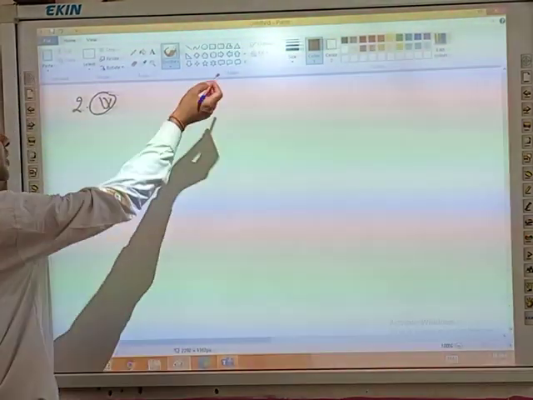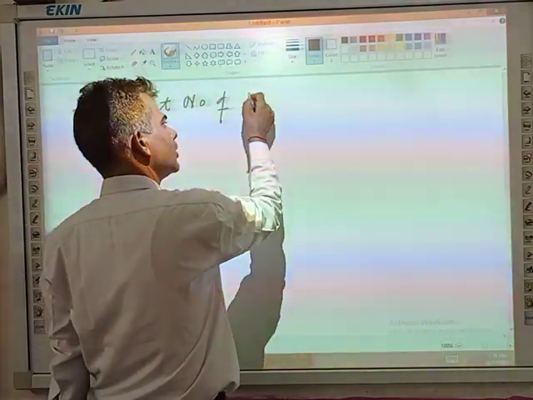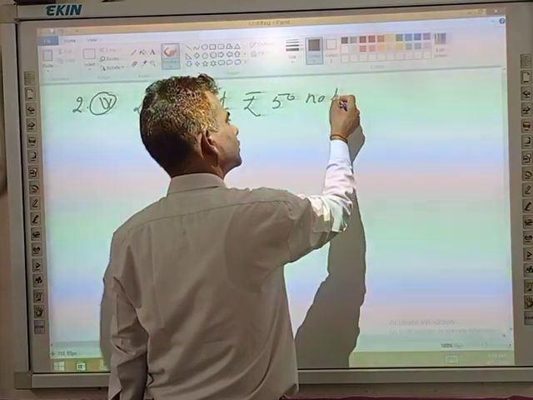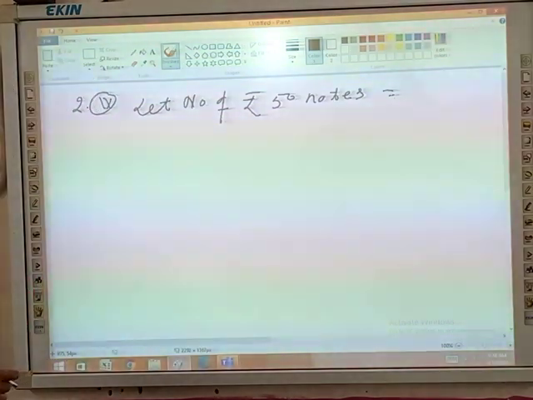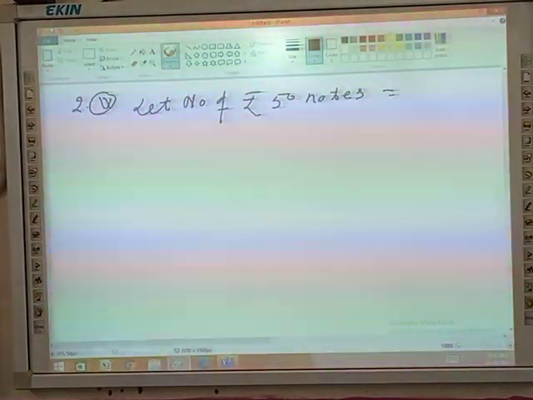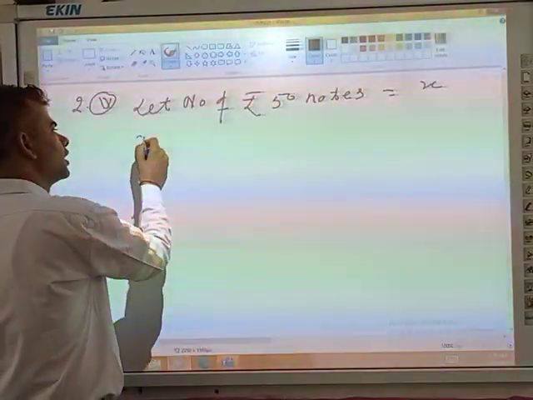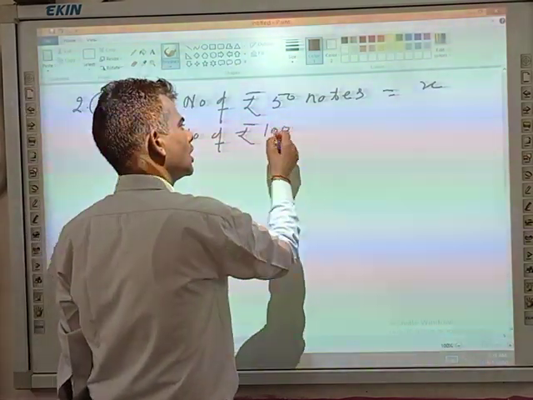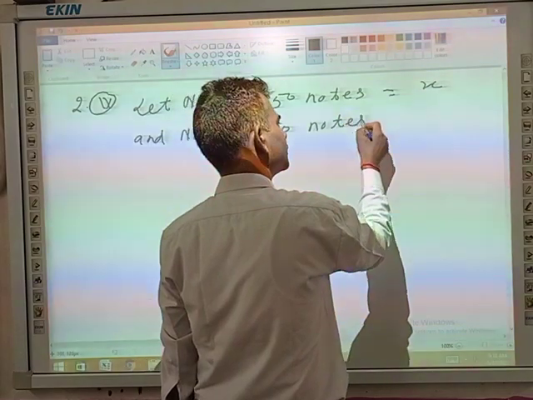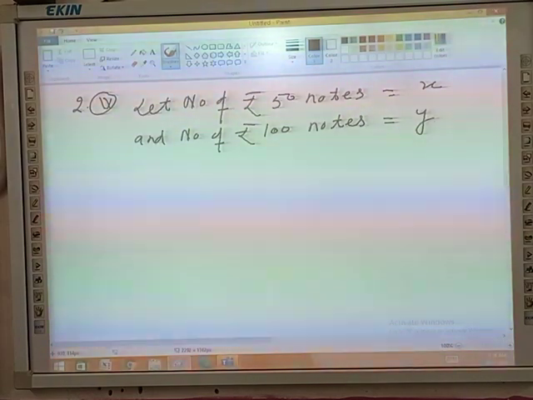Students, let the number of 50 rupees notes be x, and the number of 100 rupees notes be y.